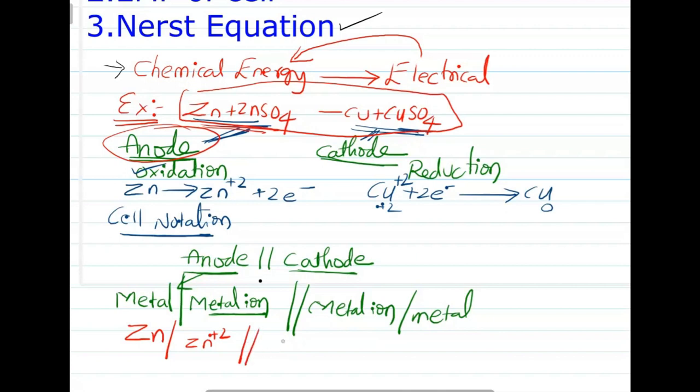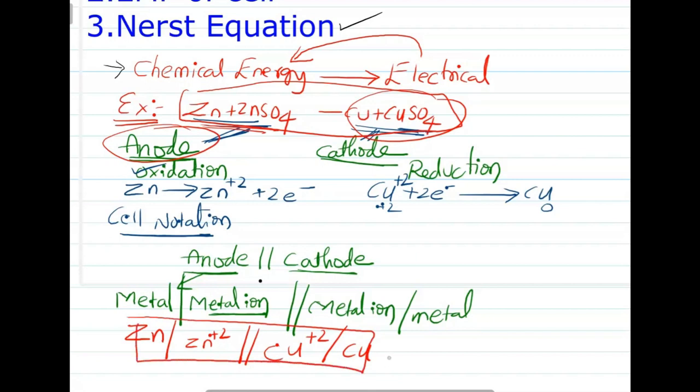Then two vertical lines, which indicate a salt bridge. The metal ion of the cathode is Cu plus 2 from copper sulfate, so you write Cu plus 2 followed by Cu metal. This is the notation of the cell. Every cell is notated in the same manner.